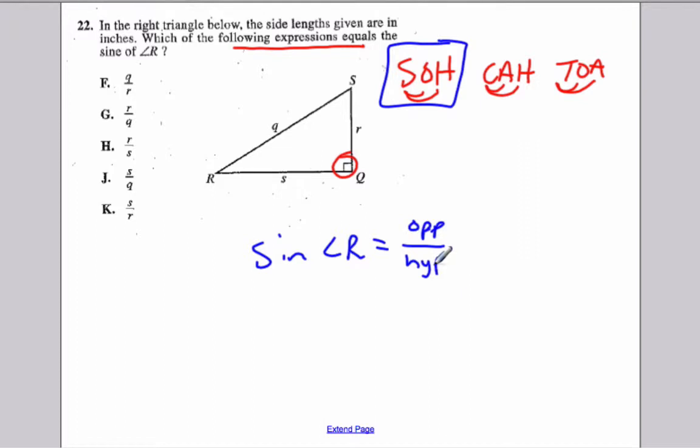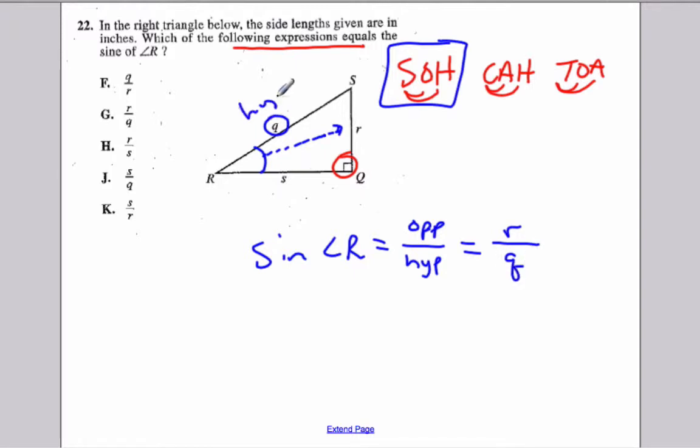So fill in what we know. You are standing at angle R, this is you. Opposite is going across, like across the street from you. So the opposite from angle R is little r. And the hypotenuse is the longest side, which is Q in this case.